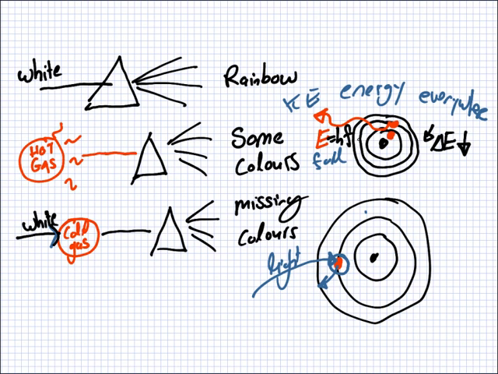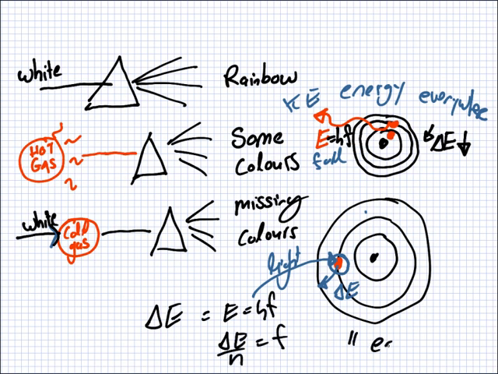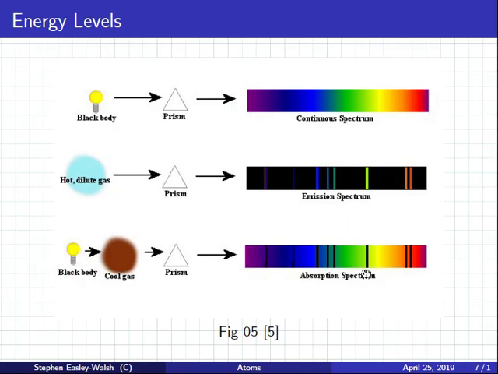Now, it only eats the right frequency. So it needs some energy here to move up, doesn't it? So the energy it needs will equal E, which will equal hf. So delta E over h equals f. So you can think about it like this, Ben. It can eat frequency f. That frequency might be this colour.